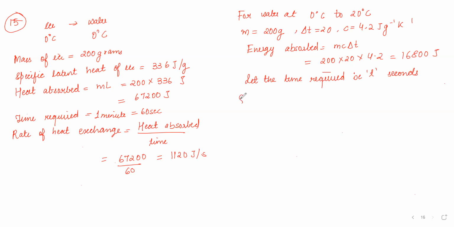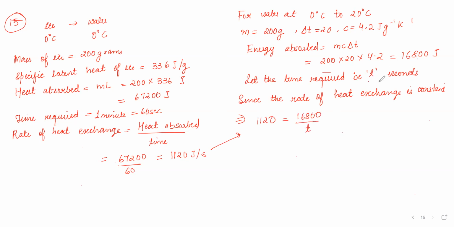Okay, then what you will be writing, since the rate of heat exchange is constant, therefore 1120 that you are getting from here will be equal to 16800 divided by T. Okay, the rate of heat exchange here.